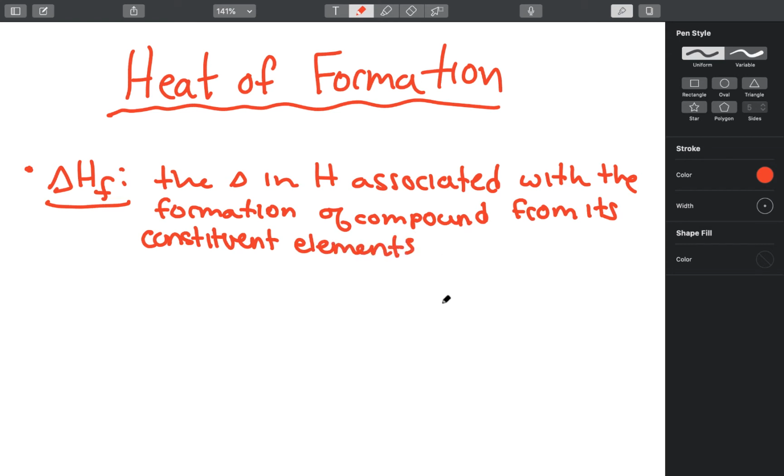So it's the change in enthalpy associated with the formation of a compound from its constituent elements.